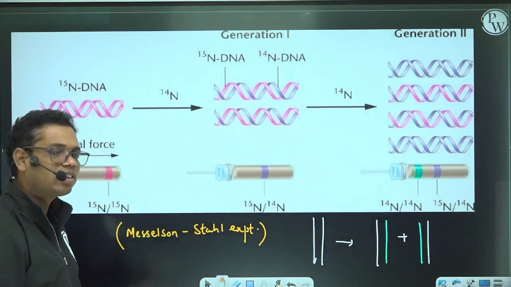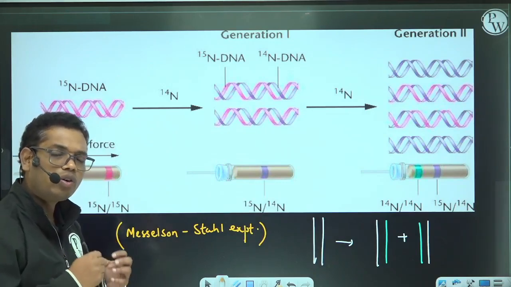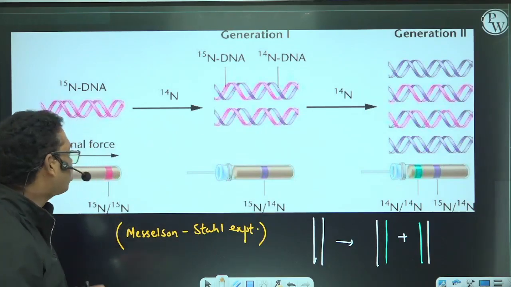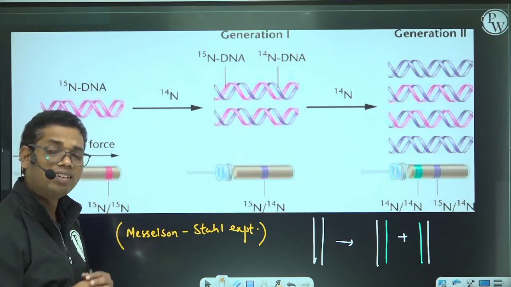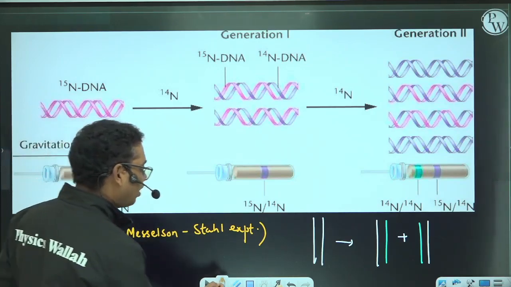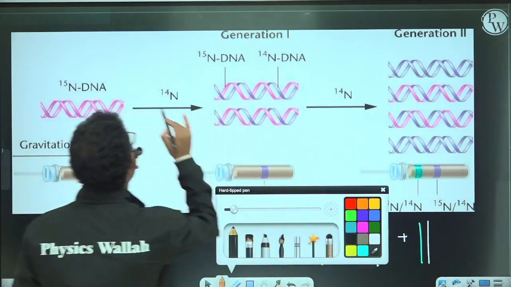So initially, what did they do? They grew E. coli in a medium which was supplied with N15, provided in the form of NH4Cl.